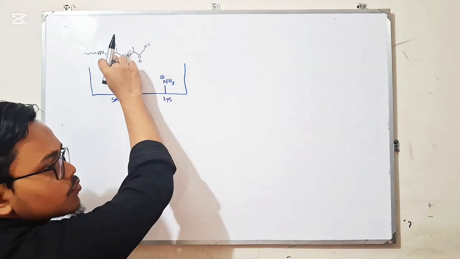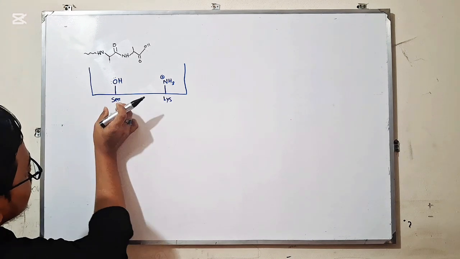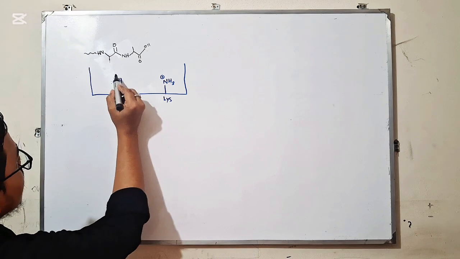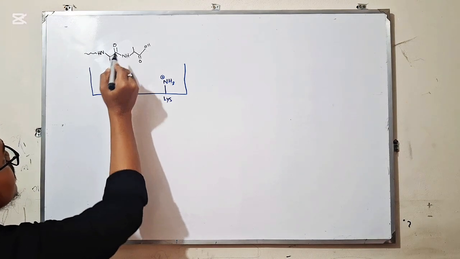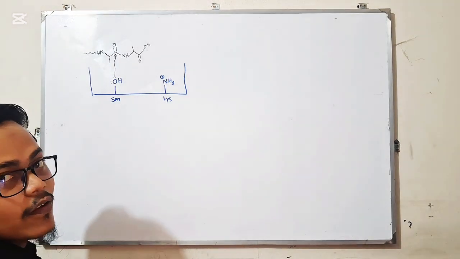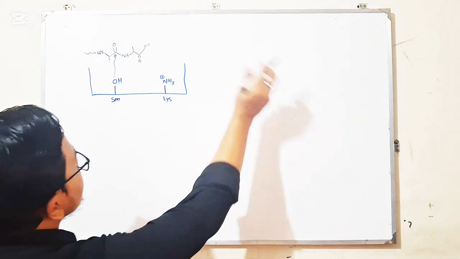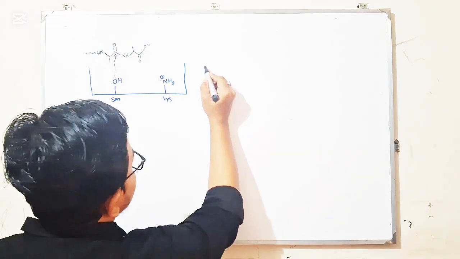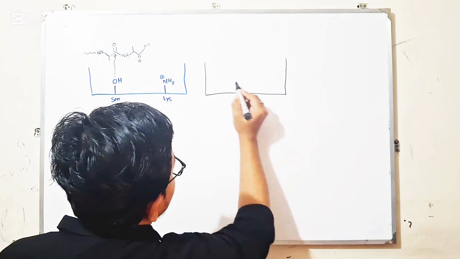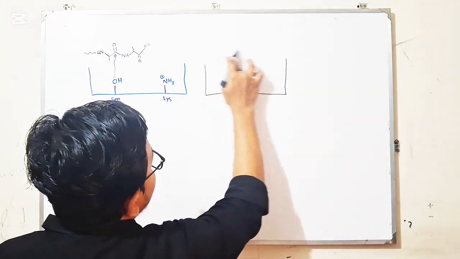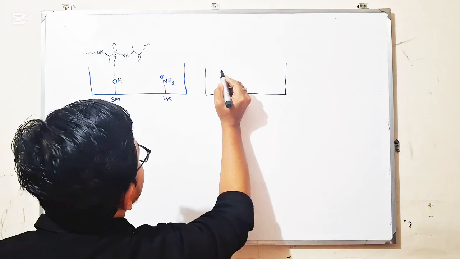The electron deficiency occurs here, and this serine residue oxygen has a lone pair, and it will donate its lone pair here. Clear? Then what will happen? It will form a bond. I'm drawing the next step here. It will form a bond like this.